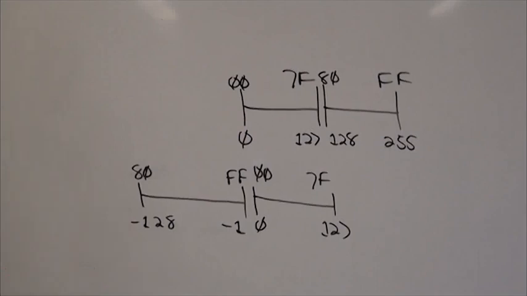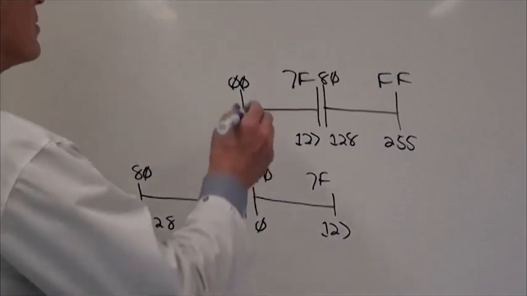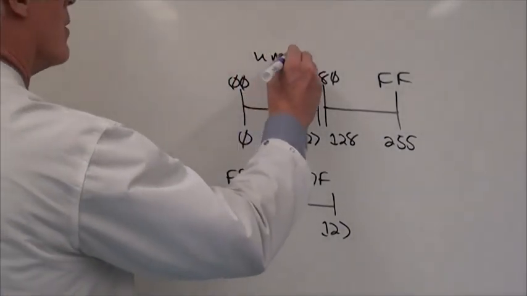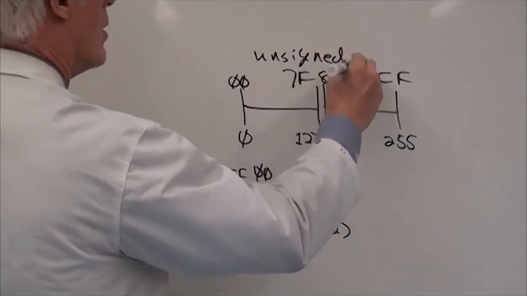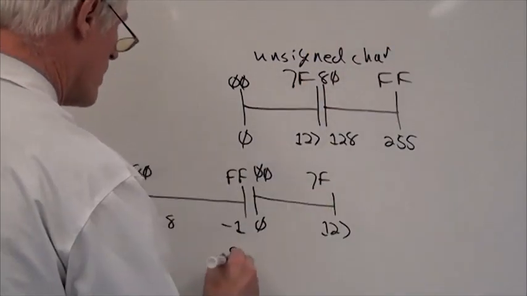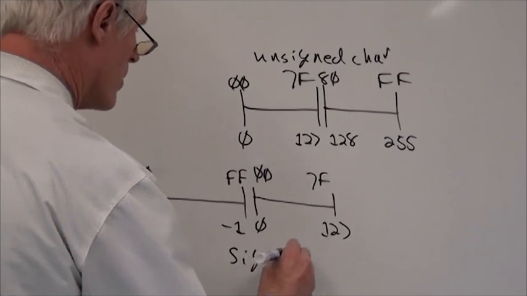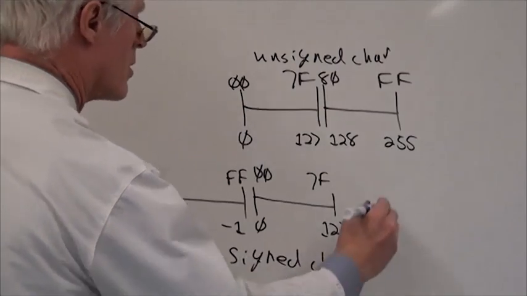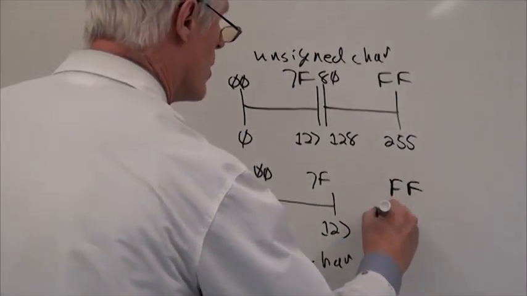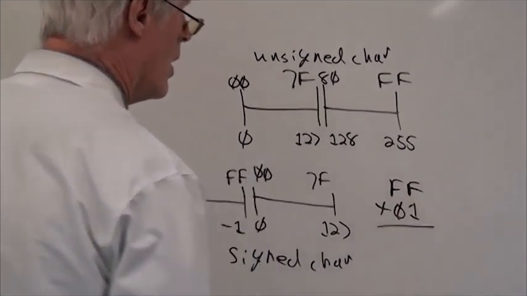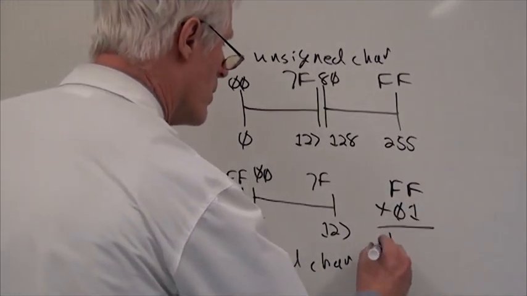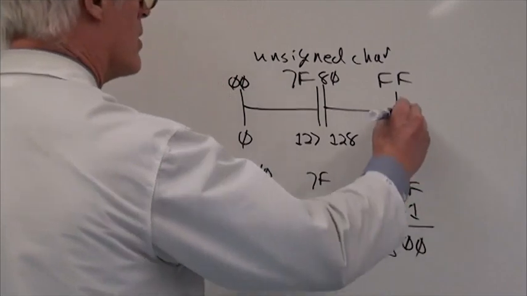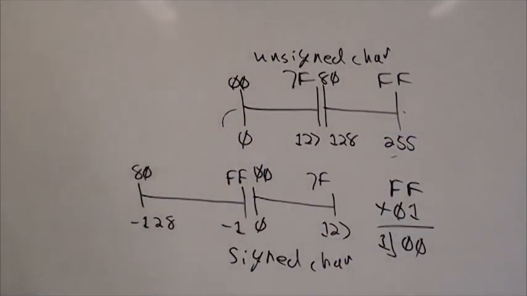Now, what we saw before is we have a calculation. This is our unsigned chart. This is our signed chart. And what we saw before was a calculation FF plus 1. This was a carry and a 0, 0 because it could not be represented properly in our unsigned line.